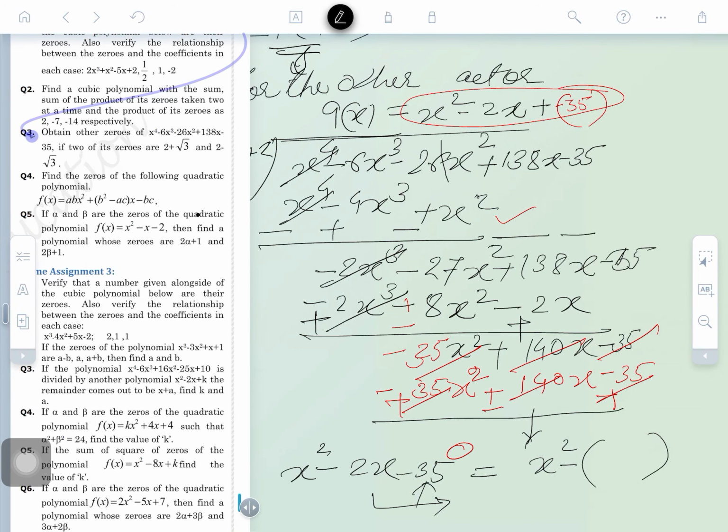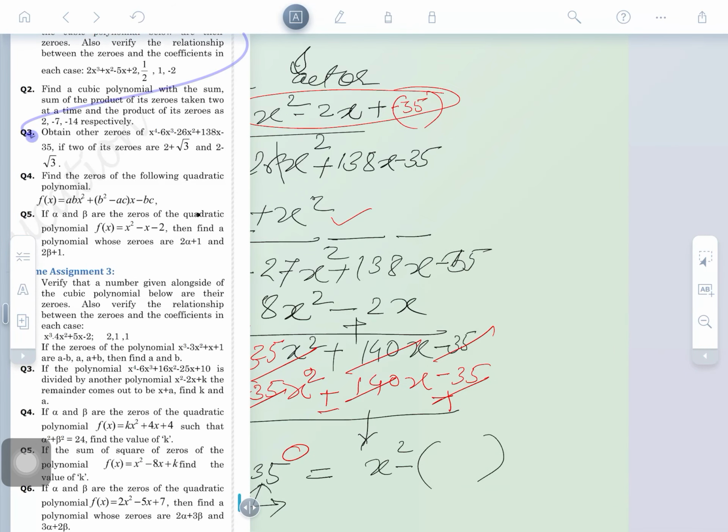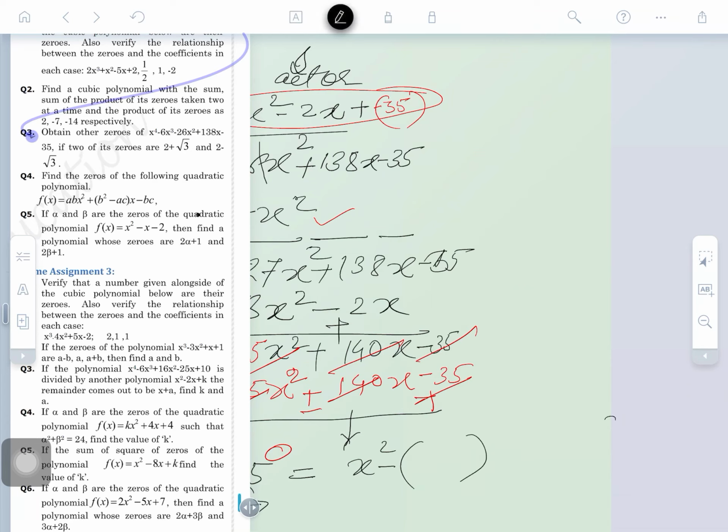How is the middle term splitting method to be applied? 35 is to be broken into factors, 7 into 5, these two to be set to bring the middle term. So 7 minus 5, the middle term trick is there, 7 minus 5, outside there x, and what next?